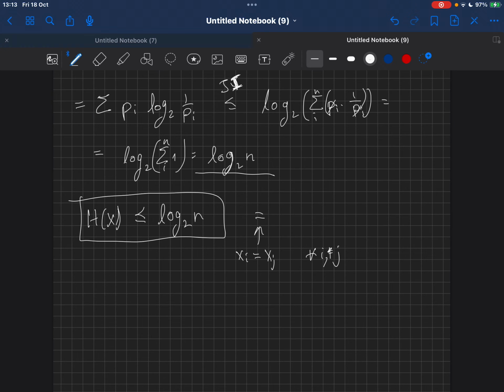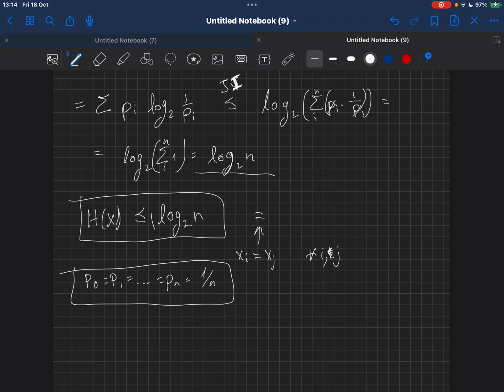When they are all equal, so I can say that in this case p_0 equals p_1 equals p_n, and it equals 1 over n.